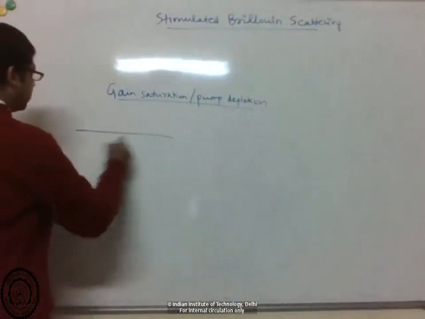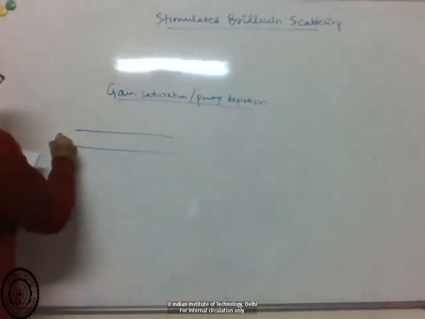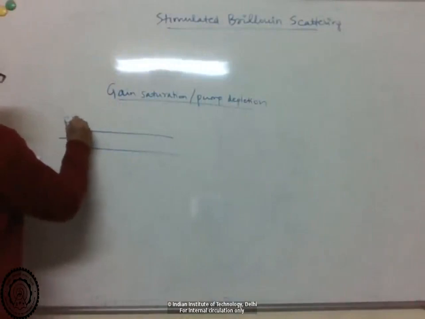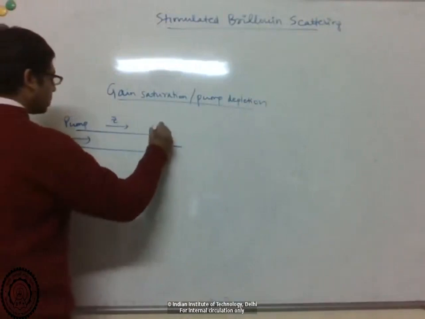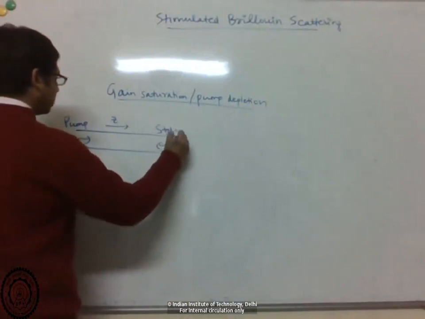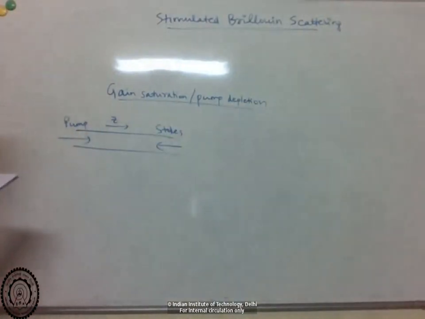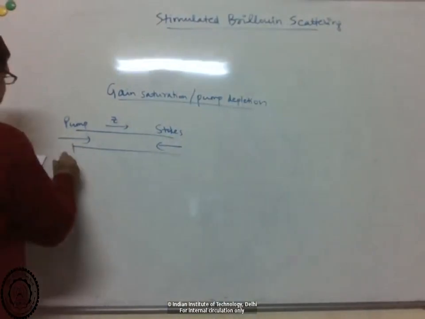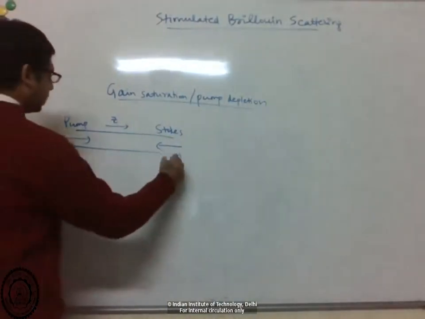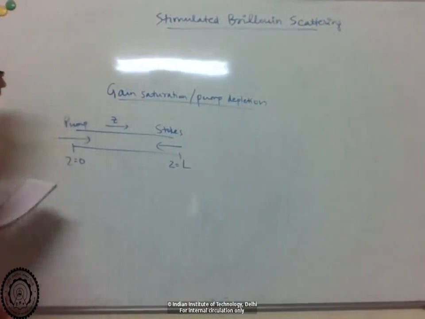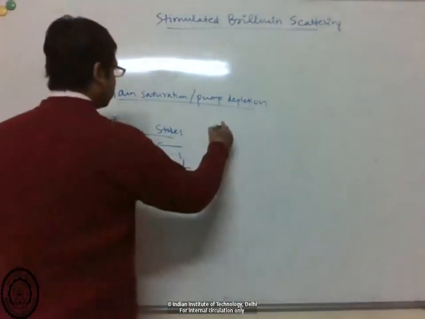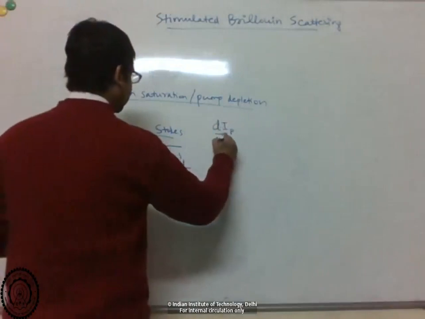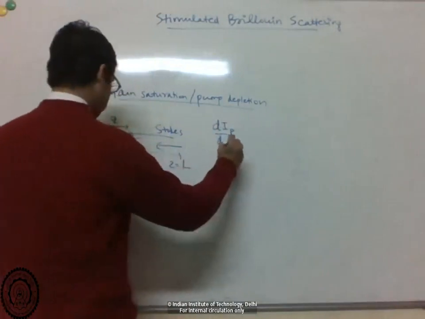So let's consider some waveguide. You have the pump propagating in the plus Z direction, like that, then the Stokes coming in the backward direction, like that. Let's consider a length L. We know the propagation equations for the intensities of the pump and Stokes.